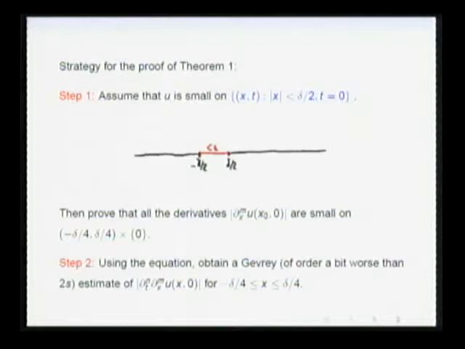But keep in mind we have bounds on the higher order derivatives, so we can interpolate, and this way you obtain that actually all derivatives must be small too, with huge factorial factors. So step 2 is, once we have that all space derivatives are small, then from the equation itself you can get that all time derivatives are small as well. So that's step 2.